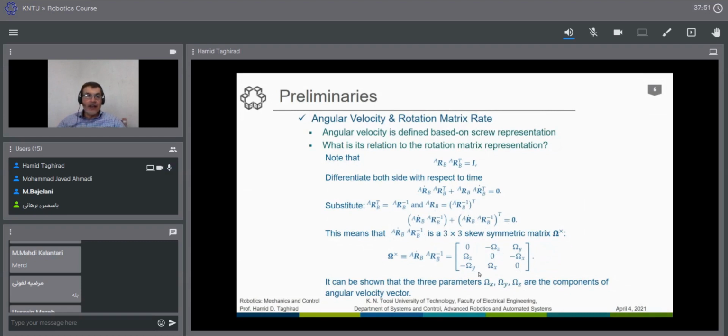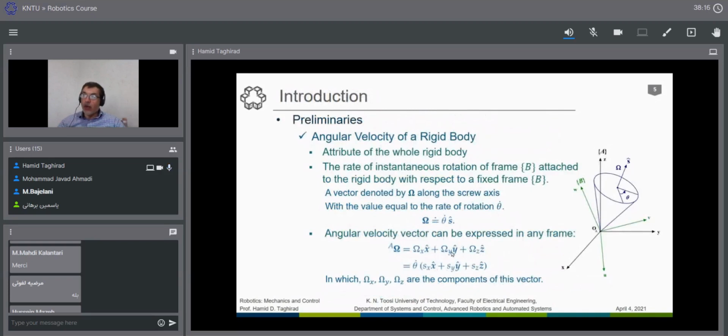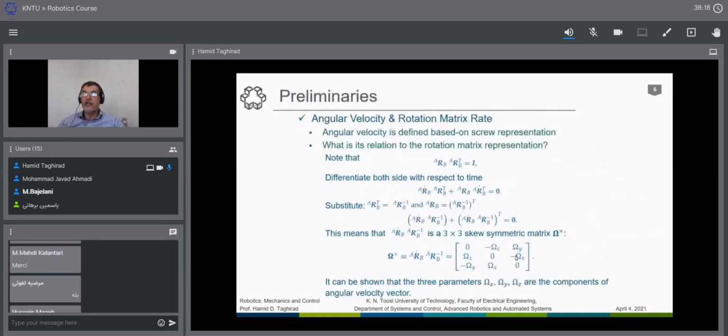And just for a few minutes, agree with me and consider my claim that the off-diagonal matrix elements are nothing but the angular velocity components: omega z, the same omega z that we have here, omega y and omega x.